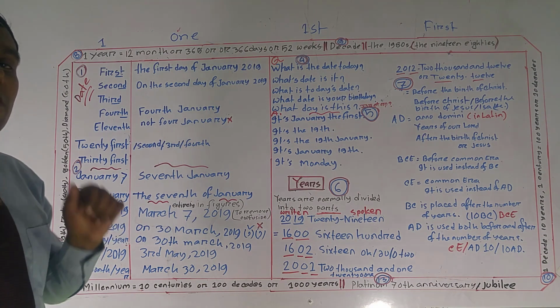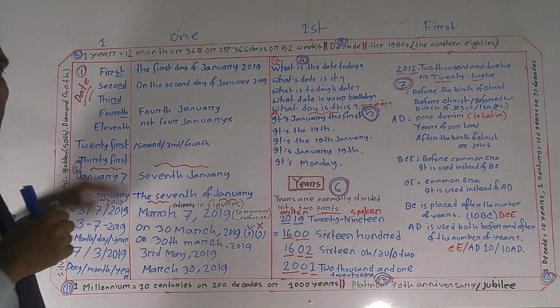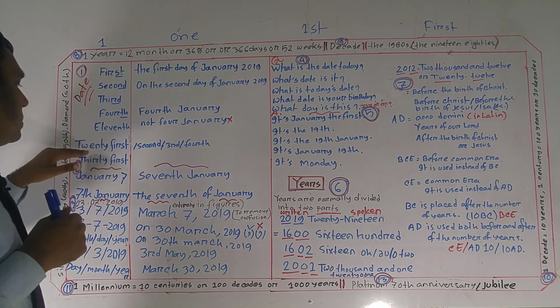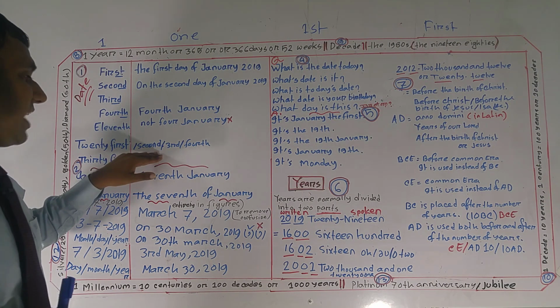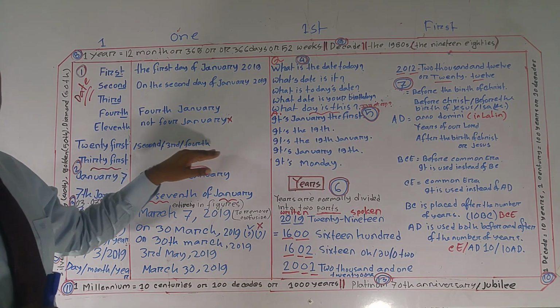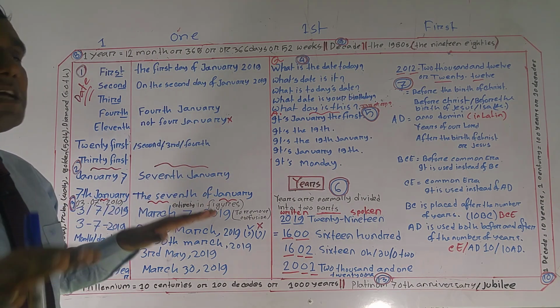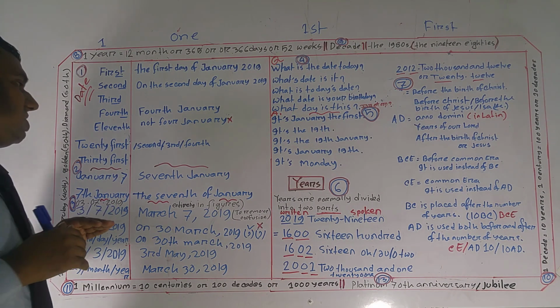The 11th will be written accordingly. But after 20 you have to write 21st, 22nd, 23rd, 24th, 25th. In this way you have to write and tell the date in English.